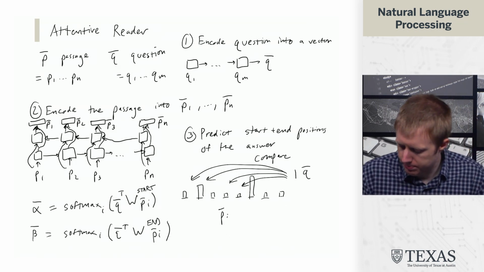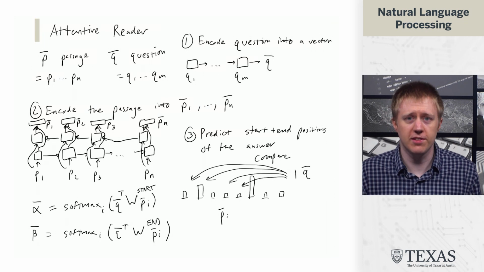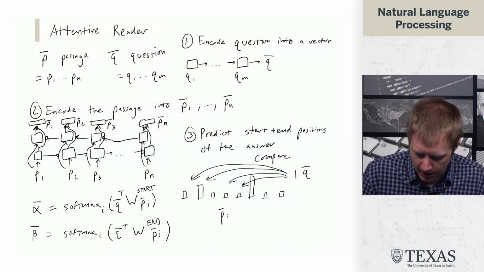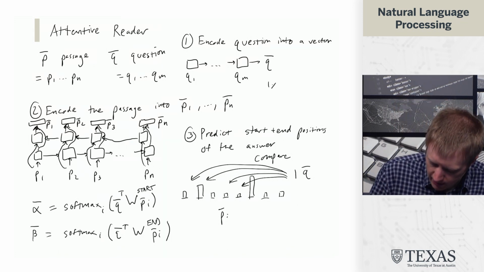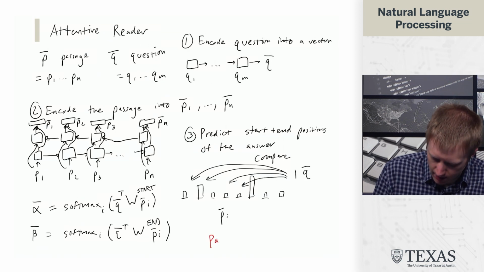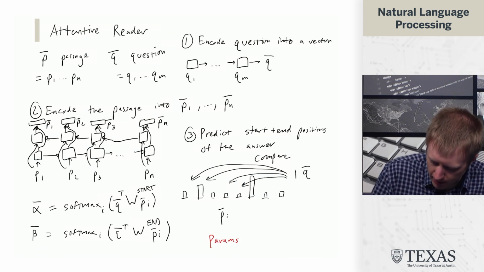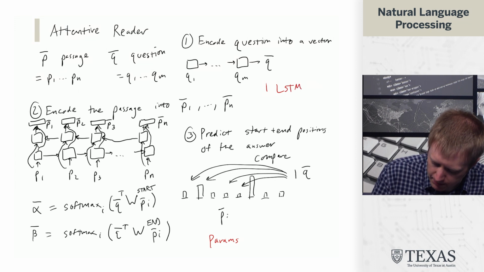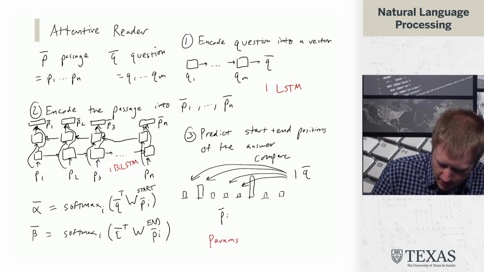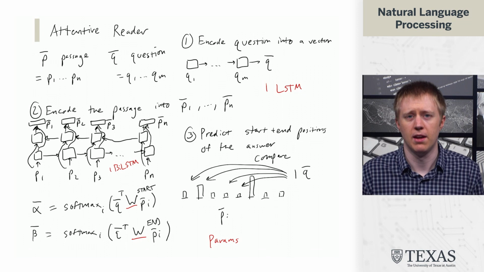All right, so that gives us a model, right? If we have settings of these parameters, we'll write the parameters in red. We have one LSTM here, we have one biLSTM, and we have W start and W end.